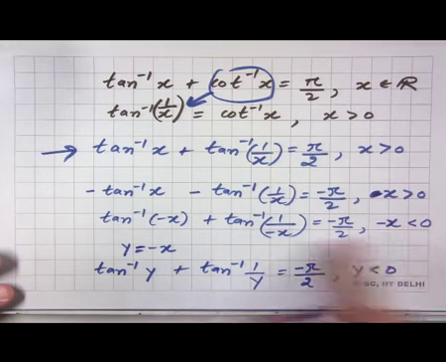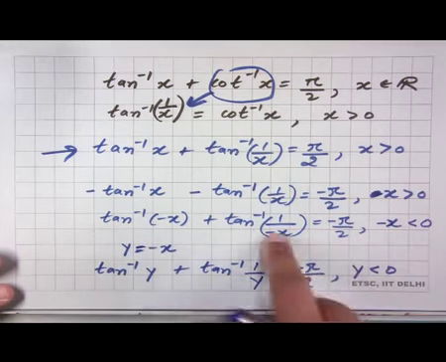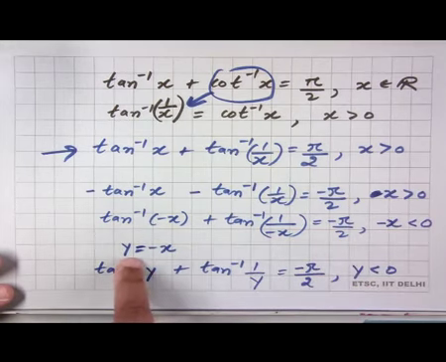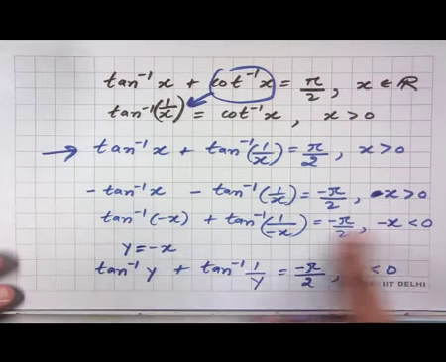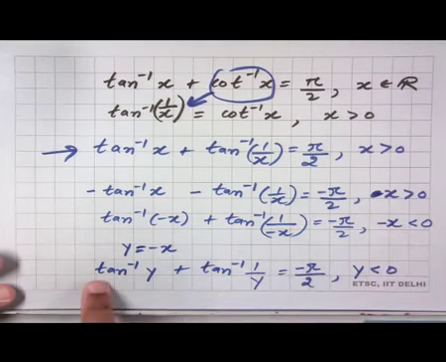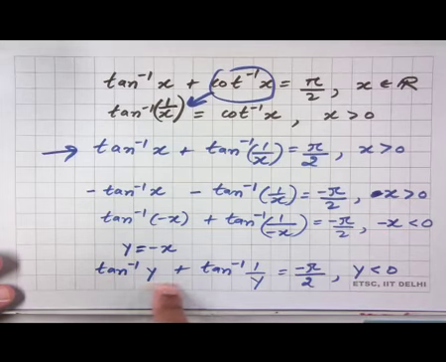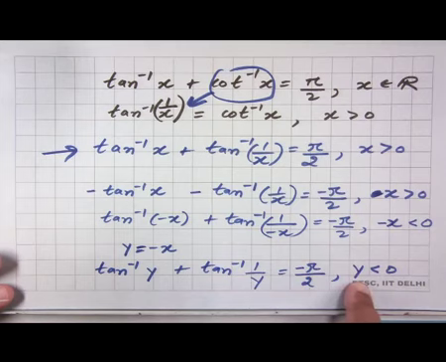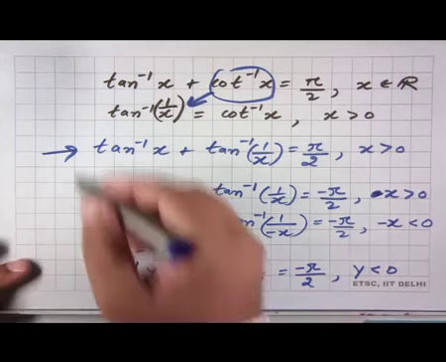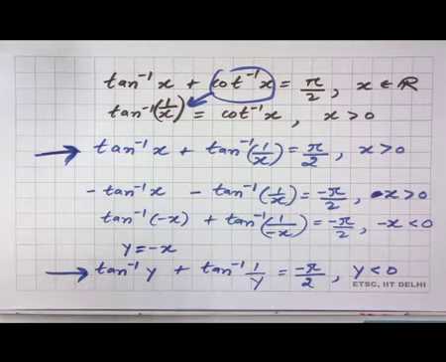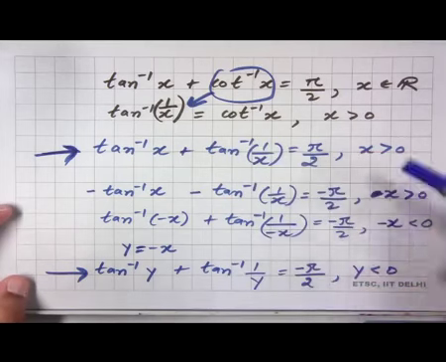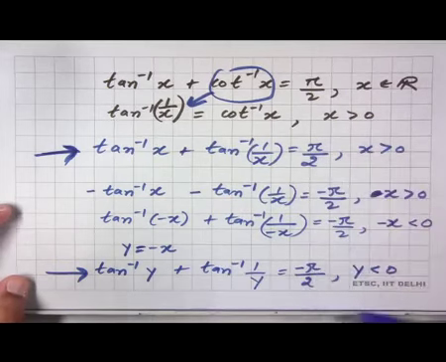Now we see that in this equation we have minus x everywhere. So, if we use another variable y equal to minus x, the same thing can be written as tan inverse y plus tan inverse 1 over y is minus pi by 2 for all negative y. We will be using this and the previous equation, which look very similar except that we have pi by 2 and minus pi by 2 here.